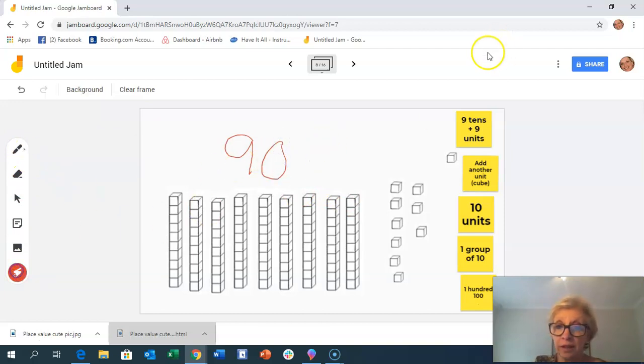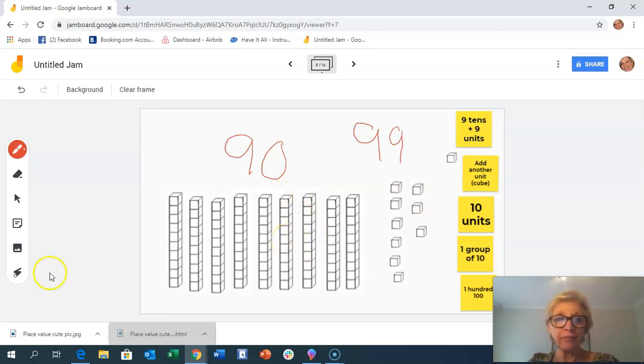Now we're going to count the units. These ones here. 91, 92, 93, 94, 95, 96, 97, 98, 99. So altogether, this picture represents 99 in total.